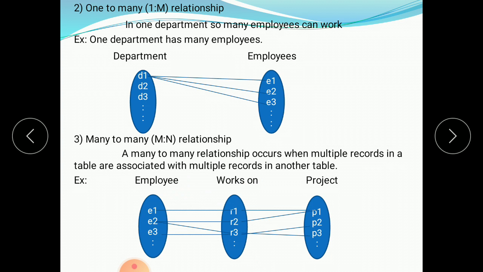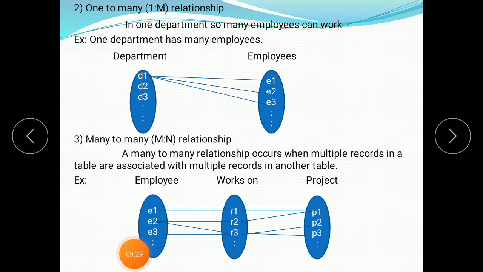A many to many relationship occurs when multiple records in a table are associated with multiple records in another table. For example, one employee can work on this project, and a second employee also works on that same project using a different work. A single employee can work on a number of projects.